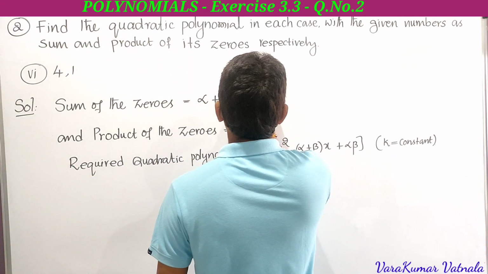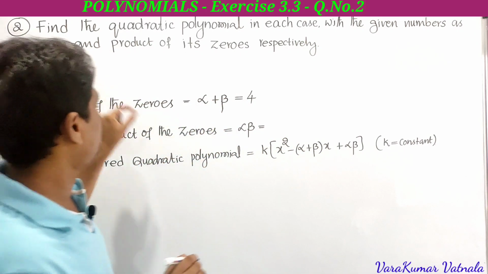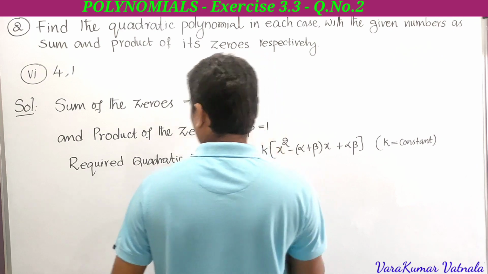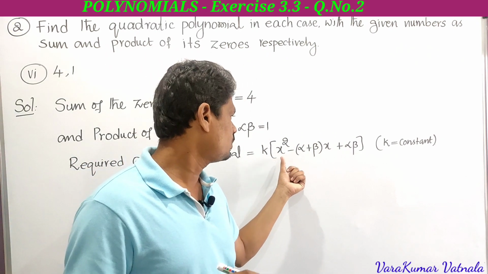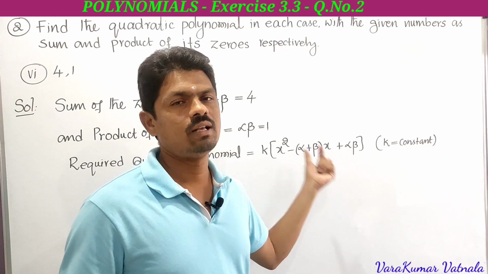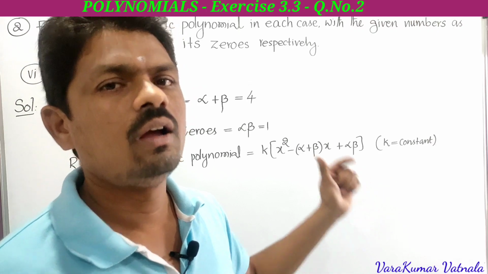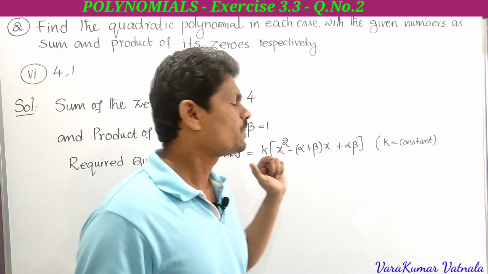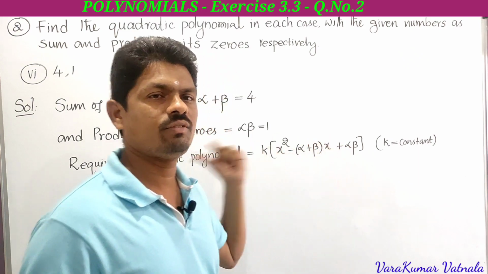The first one is the sum of the zeros and the product of the zeros, alpha into beta, is 1. So the required quadratic polynomial is equal to k into x square minus (alpha plus beta) into x plus alpha into beta, where k is constant. So now we have to substitute alpha plus beta and alpha into beta in the formula.